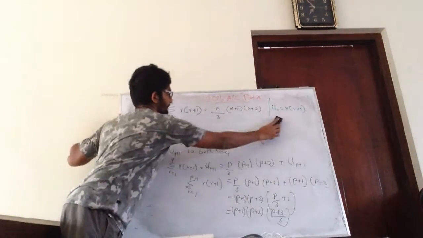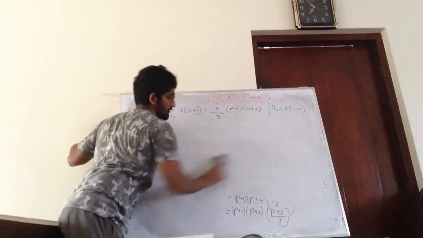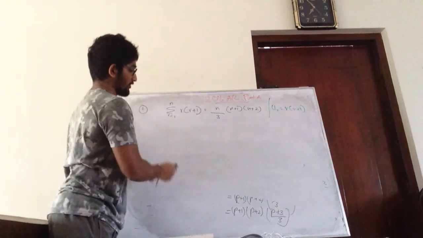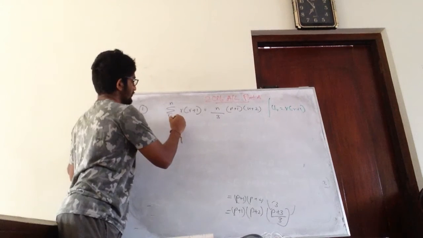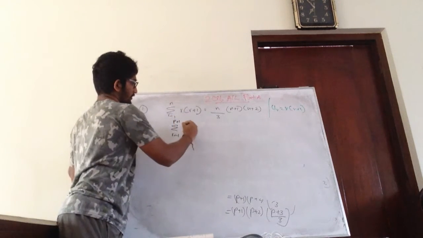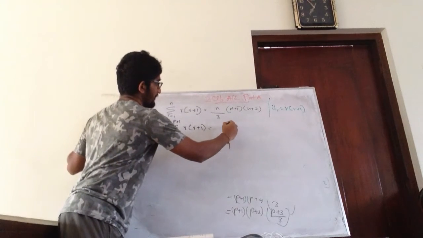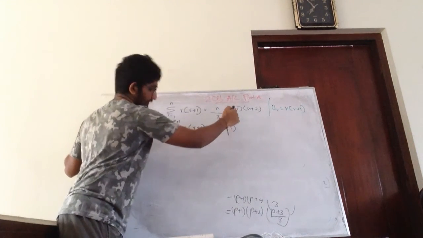Then now it's a case of manipulation. So now here you get the sum from r equals 1 to p plus 1 of r plus 1 as what? p plus 1. So I'm going to write it in this way.